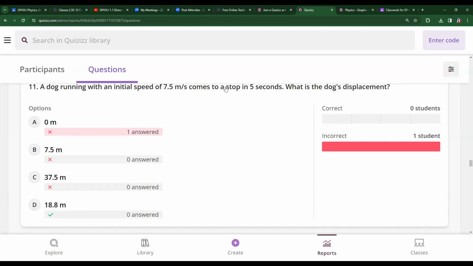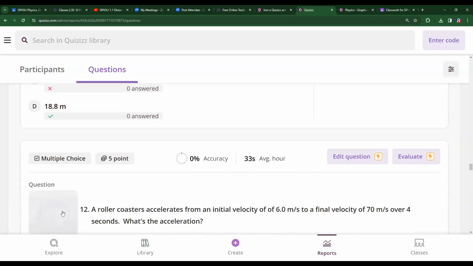Okay, sorry, I didn't notice the stop. So average speed multiplied by time. So one of the formulas for displacement when object has acceleration is initial speed plus final speed divided by 2, multiplied by time. So 7.5 divided by 2, it's approximately 3.75 multiplied by 5. So approximately 18 meters. Yeah, so average speed multiplied by time is the best formula to use there.